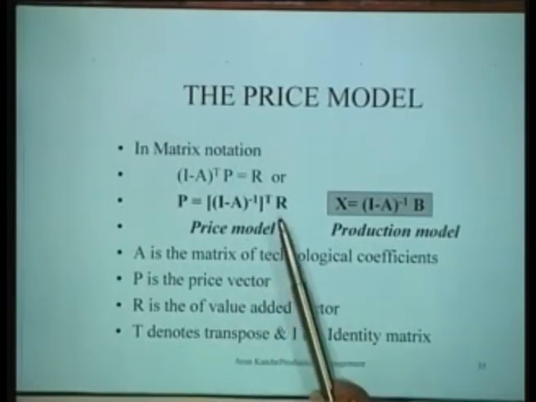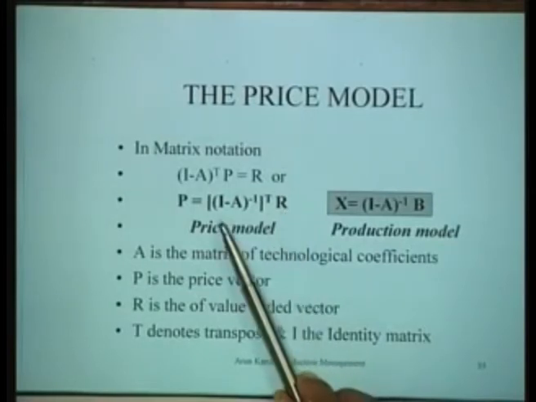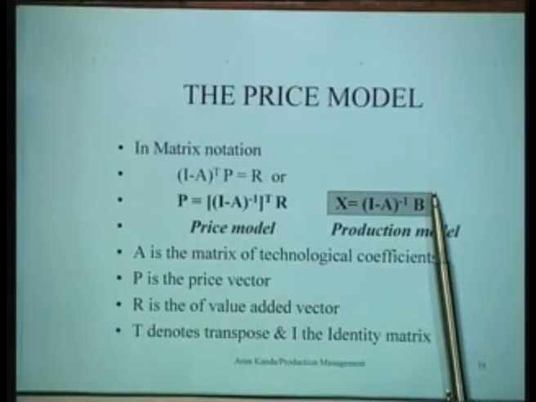So, if you add to the value added vector of that particular sector, for instance, if the government gives concessions to the agriculture sector and you know how much concessions are being given, you can calculate immediately what is going to be the impact of this concession on the overall pricing in the economy for the different sectors. That, I think, is a very, very useful way of interpreting this.